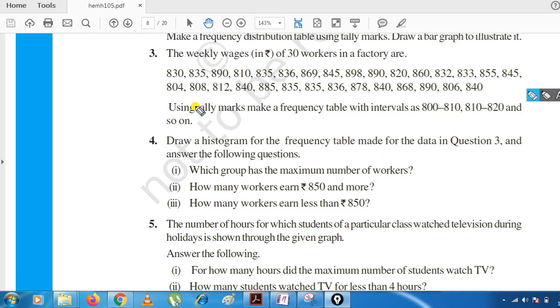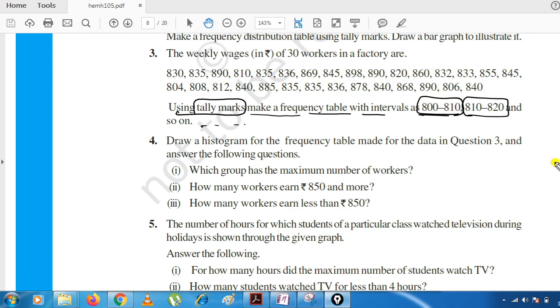Now what do you have to do in the question? Using tally marks, we already studied tally marks in the previous classes. Using tally marks, we have to make a frequency table, and in that frequency table we have to take class intervals starting from 800, 810, 820, and so on.